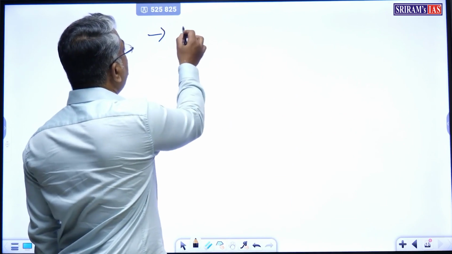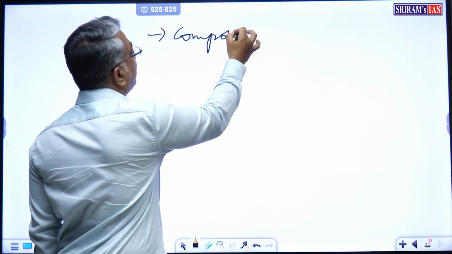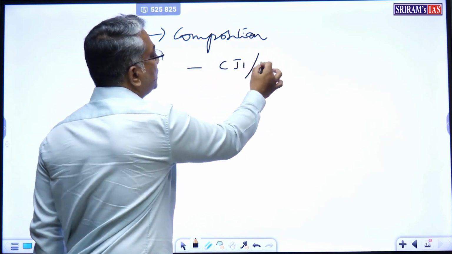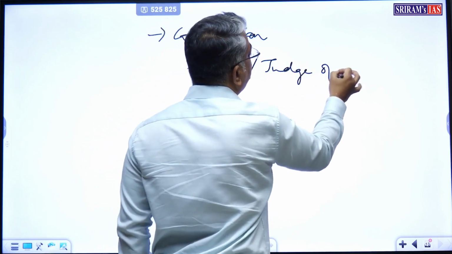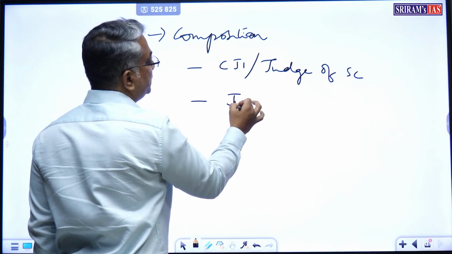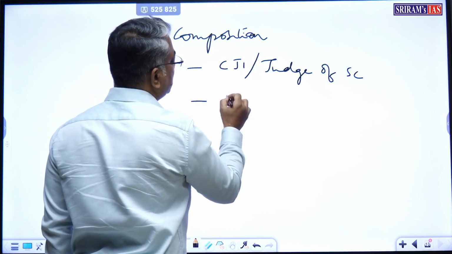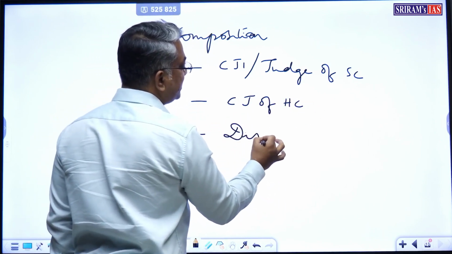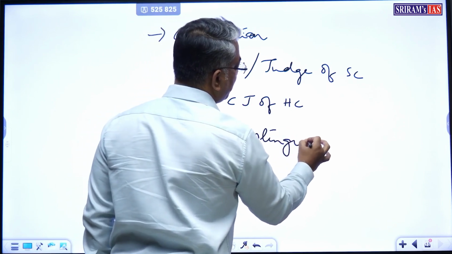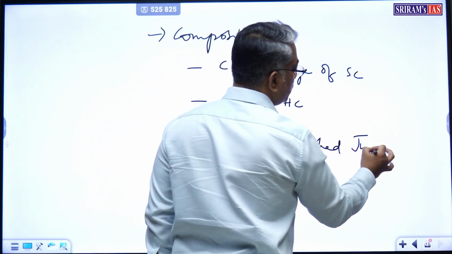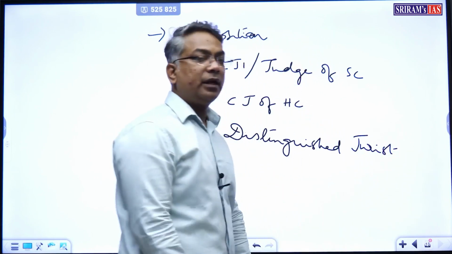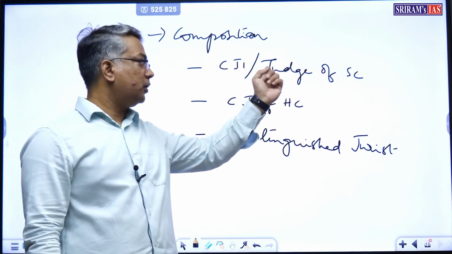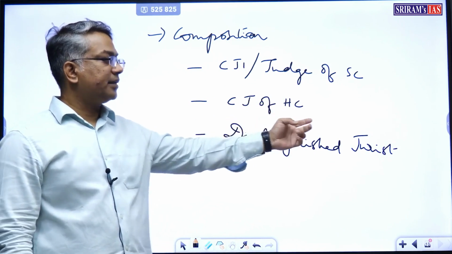The composition is Chief Justice of India or Judge of Supreme Court, Chief Justice of High Court and a distinguished jurist.